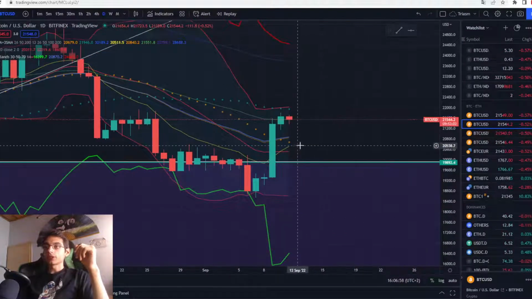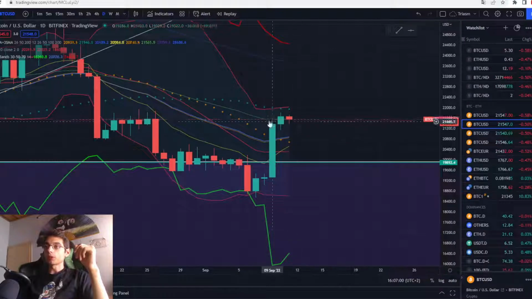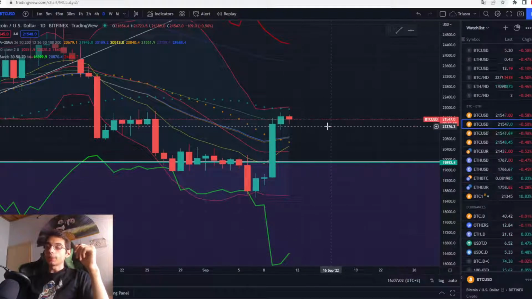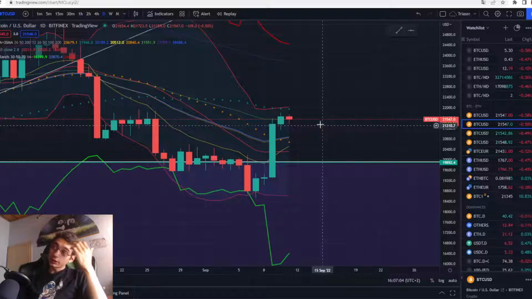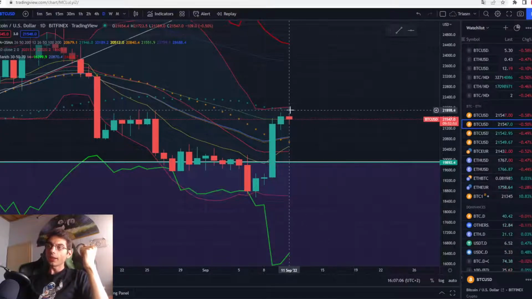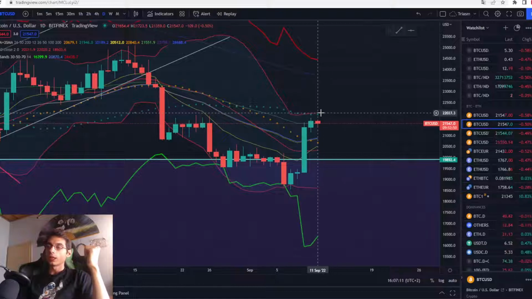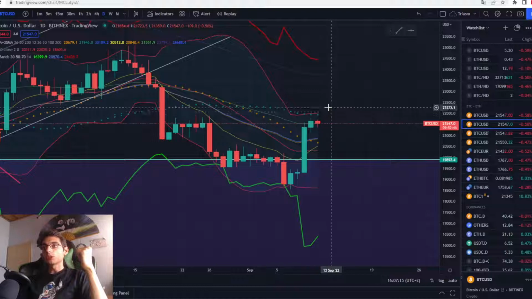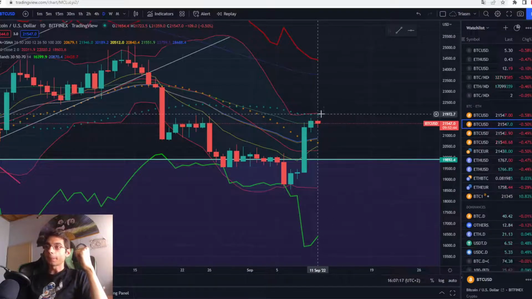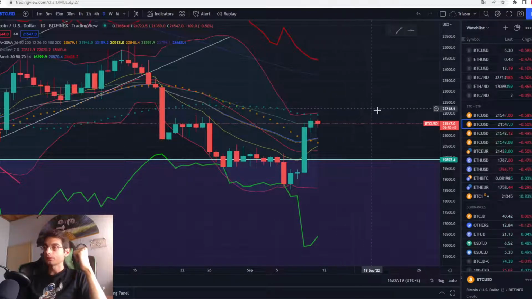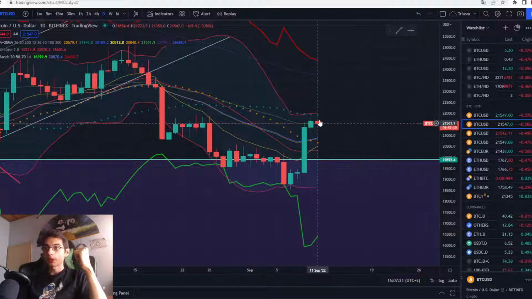As you see, we retested again the 50 EMA as a support, and we are in a kind of zone where we can go much higher, since the upper Bollinger Bands and the 50 SMA are actually contributing to put us a resistance right here, and we are at the top of this kind of price action.